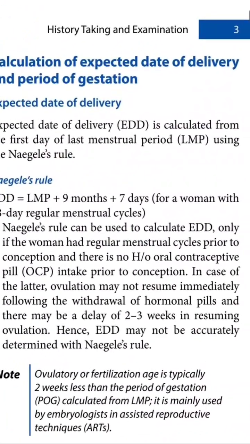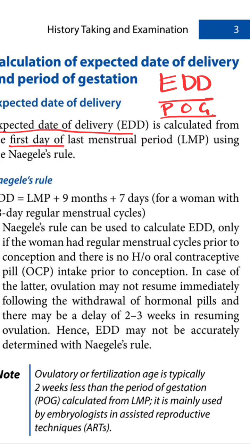How to calculate EDD? EDD is the expected date of delivery, and we also need to calculate the period of gestation. The expected date of delivery is calculated from the first day of the last menstrual cycle using a rule called Naegeli's rule. Very, very important. What is Naegeli's rule?